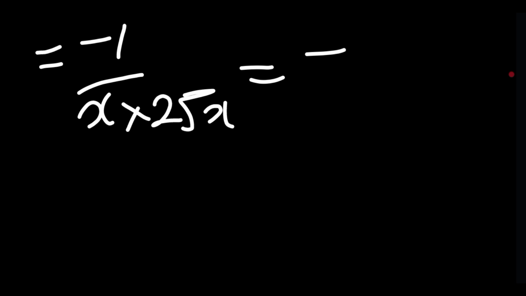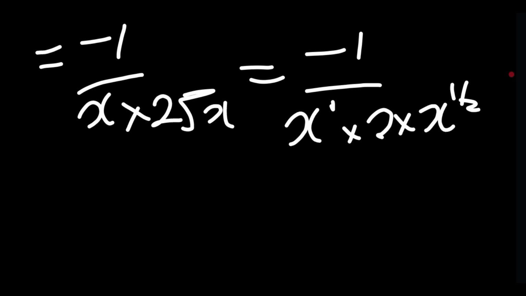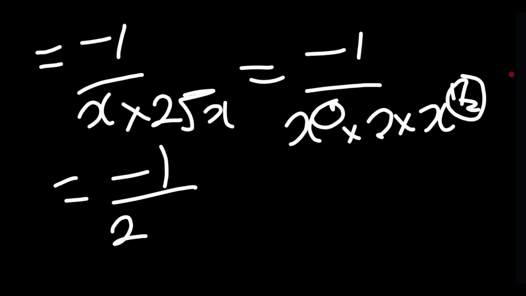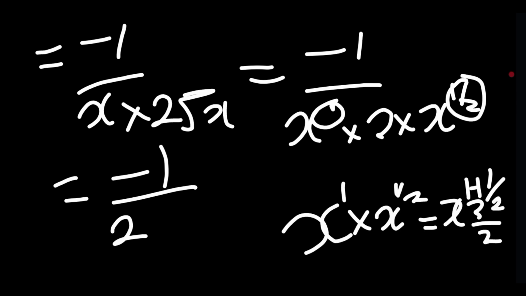It's going to be equal to minus 1 over, remember that x ordinarily is x to the power of 1, but root means raised to the power of 1 over 2. So using indices, you're going to have 1 plus 1 over 2, raised to the power of 3 over 2, which is going to be minus 1 over 2x raised to the power of 3 over 2. You have your final answer over here.